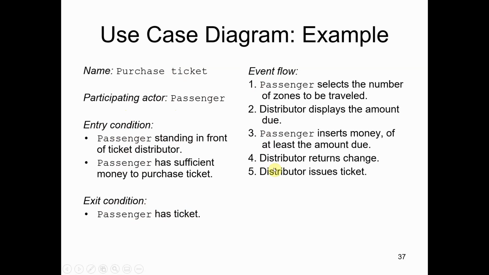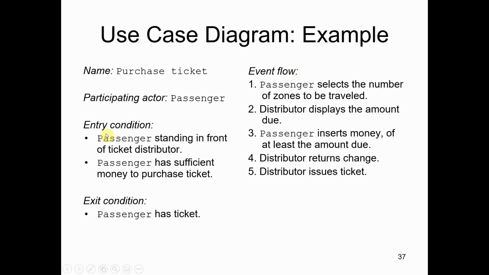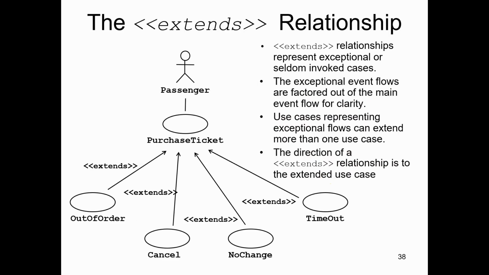You need to discuss with the customer what the user actually does, and what the machine does inside when this happens. The passenger selects the number of zones to be traveled, the distributor displays the amount due, the passenger inserts money, and the distributor returns change and issues the ticket. So these are the events.